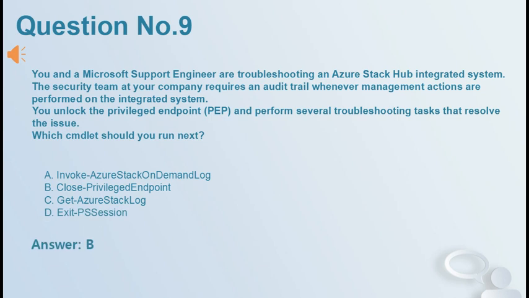You and a Microsoft support engineer are troubleshooting an Azure Stack Hub integrated system. The security team at your company requires an audit trail whenever management actions are performed on the integrated system. You unlock the privileged endpoint (PEP) and perform several troubleshooting tasks that resolve the issue.